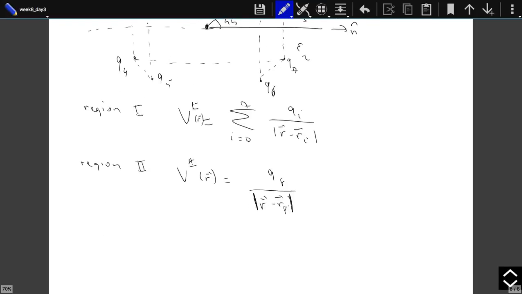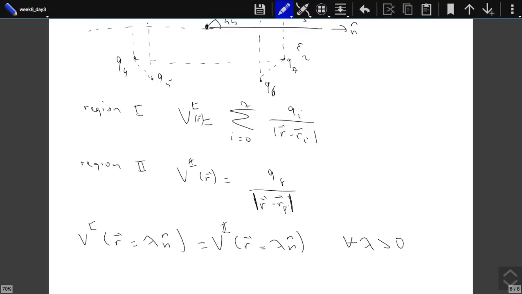So V1 at R equal to lambda n hat should be equal to V2 when R is equal to lambda n hat for all lambda larger than 0. This is the lower plane.